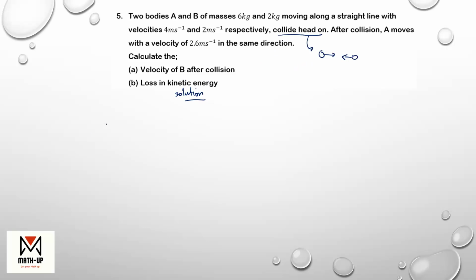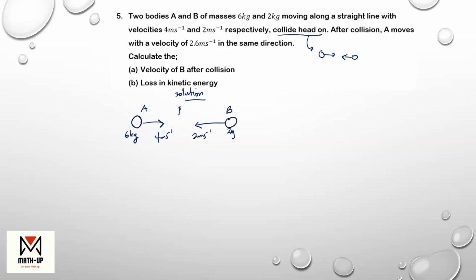So I can assume my A is moving to the right. This is my body A of mass 6 kilograms, moving at a velocity of 4 meters per second. And then I have my body B of mass 2 kilograms, moving at a velocity of 2 meters per second.